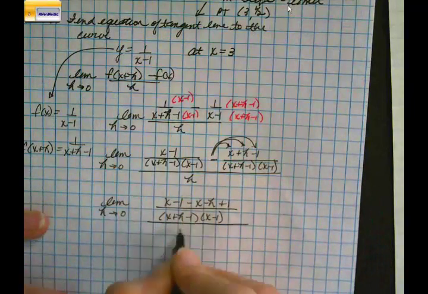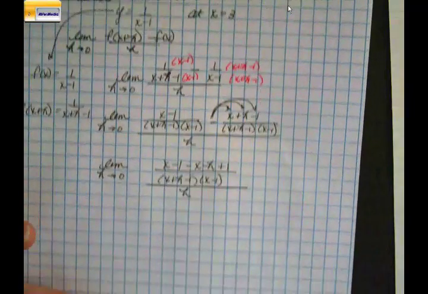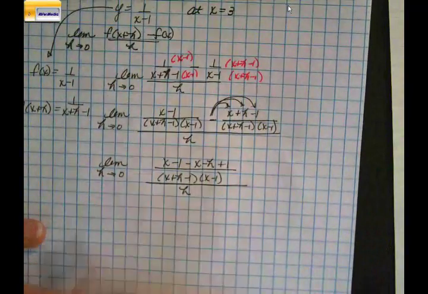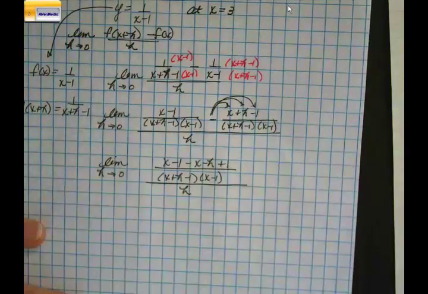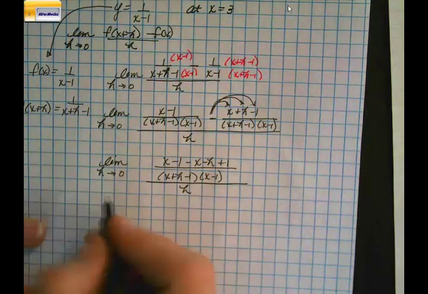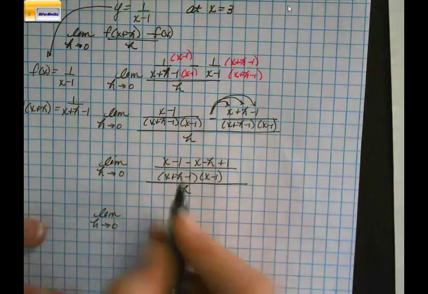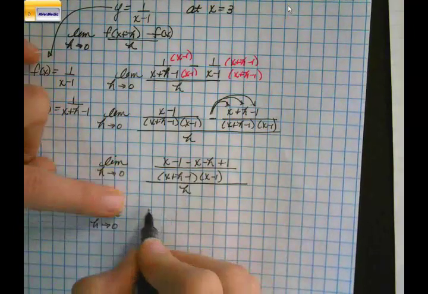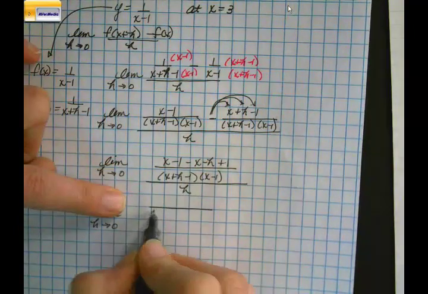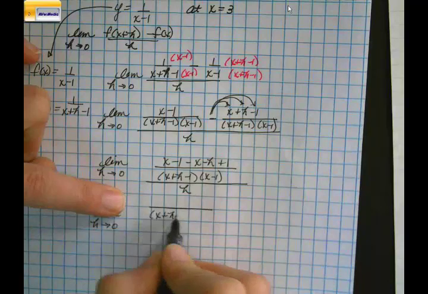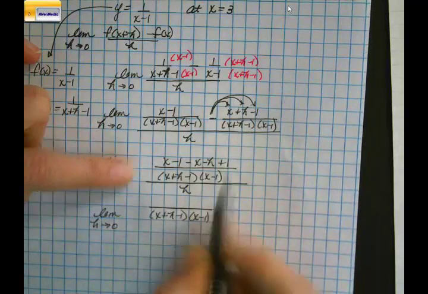All of this is still over h. And we're doing all this because we're looking for that expression which represents the slope of the tangent line anywhere along this curve. Keep in mind what's going on. So now this is the limit as h is approaching 0 of all of this stuff up here, still over x plus h minus 1 times x minus 1.